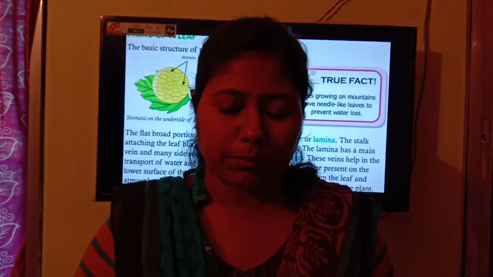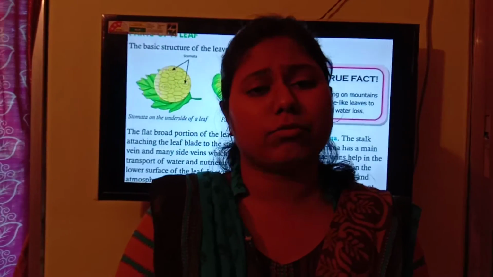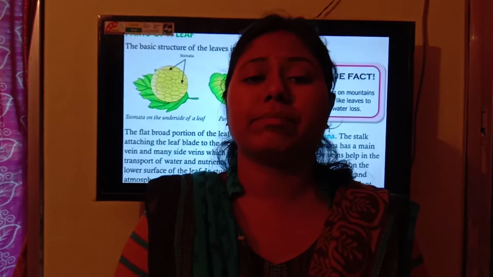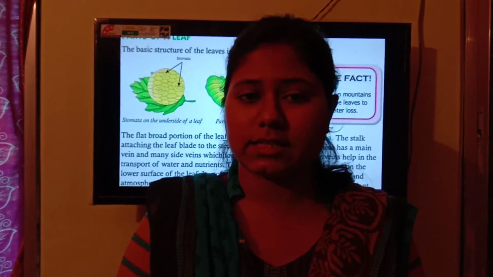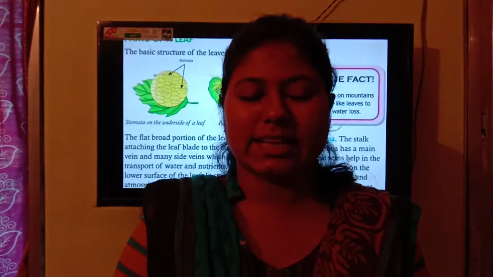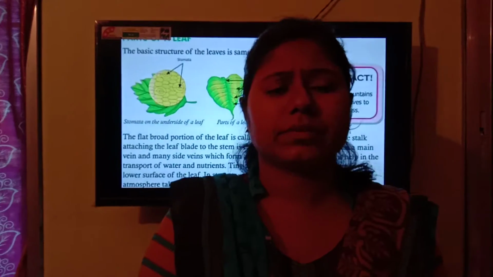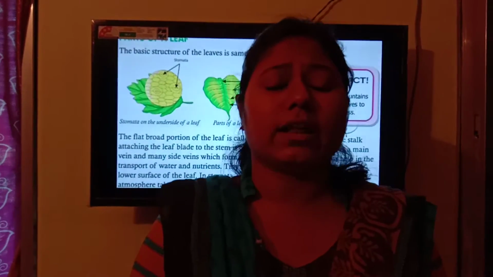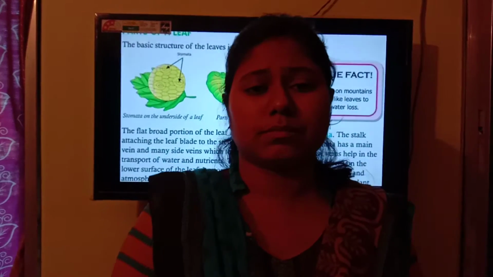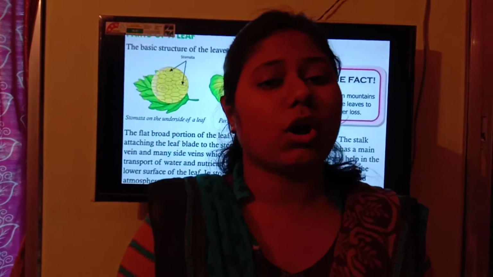Now plants, I already told, prepare their food by themselves. Plants prepare their food by utilizing water, carbon dioxide, sunlight, etc., and this method of preparing food is called photosynthesis.